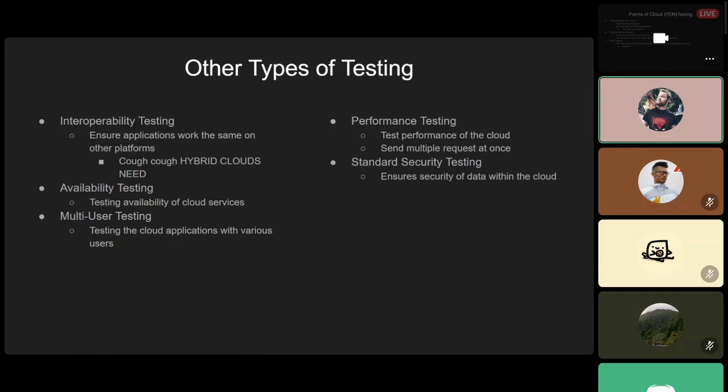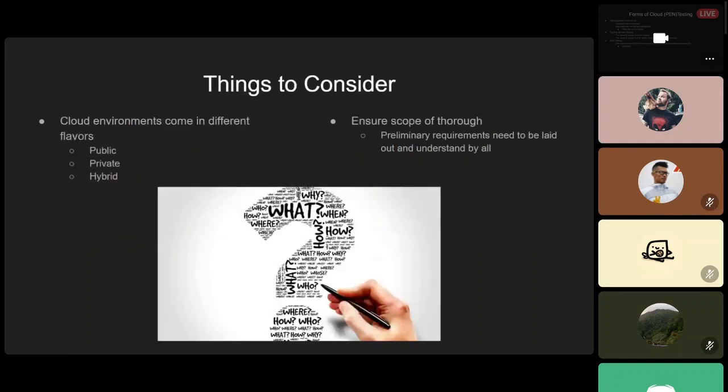Okay, so we have a lot of these different things that we can do. But what are the things that we really need to consider? Cloud environments come in different flavors. We have public, private, and hybrid clouds. Hybrid can be a combination of public, private, multi-vendor, all sorts of stuff. That's where it starts to get really complicated. It's important that if you do that, you educate your users and your engineers, your analysts, whoever is deploying and securing all this stuff, that they're up to speed on what you're supposed to be doing.